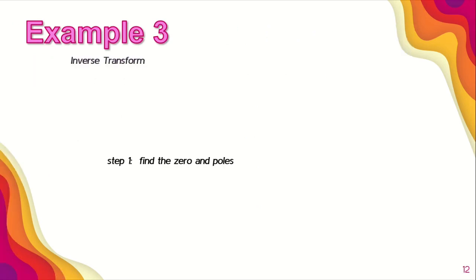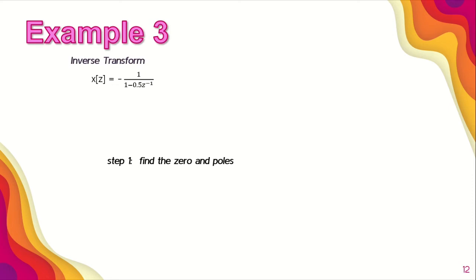Okay, moving on to example 3 for inverse Z transform. For inverse Z transform, we will inversely change from Z transform back into x[n]. After that, we will check using MATLAB simulation.